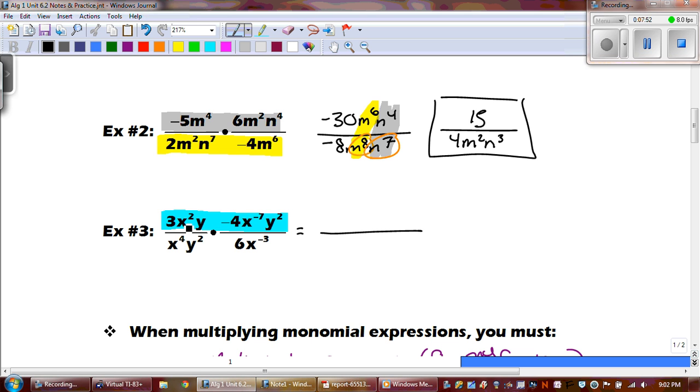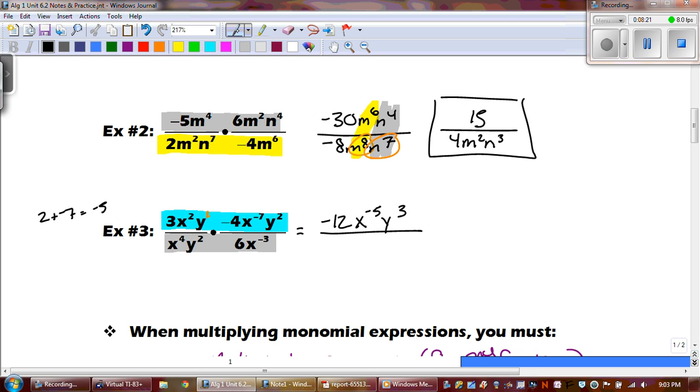So multiply across. 3 times negative 4 is negative 12. X squared times x to the negative 7th. So we're doing 2 plus negative 7, and that gives us negative 5. Okay, and that first y has an exponent of 1, so y cubed.